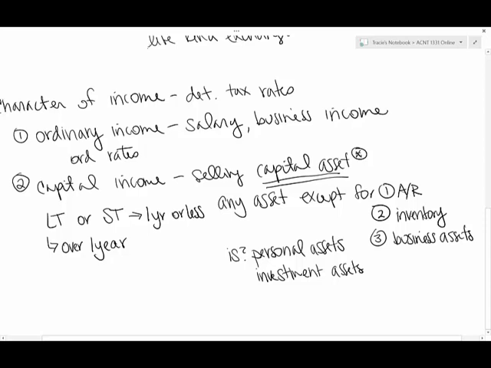If an asset is long-term, it's generally taxed at the tax rates of 0, 15, or 20%. The breakpoints for the different rates are based upon a taxpayer's income. Right now, you don't have to worry about those breakpoints. We'll discuss that later. Short-term capital gains are taxed at the ordinary rates, which are the rates that are given to you on the tax rate schedule.